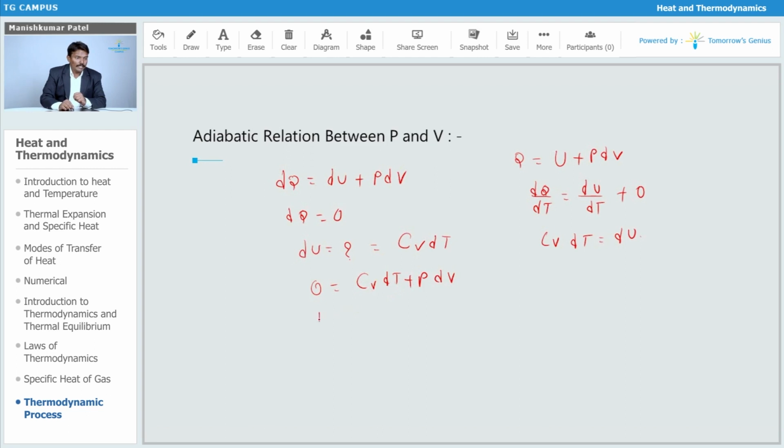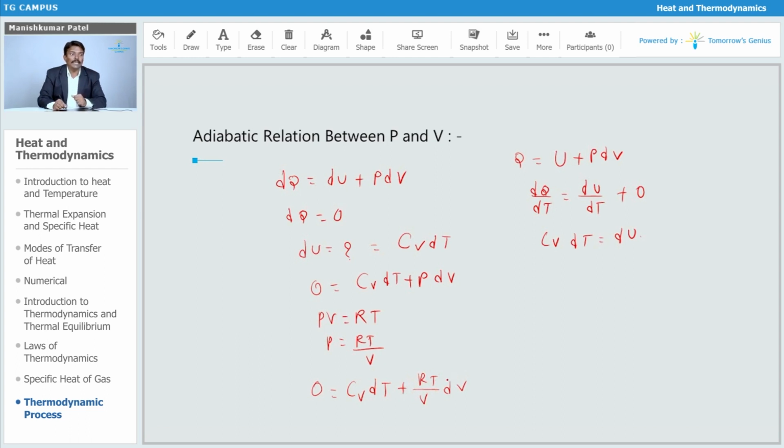Further, PV is equal to RT, so P is equal to RT upon V. So 0 is equal to Cv dT plus RT upon V dV.